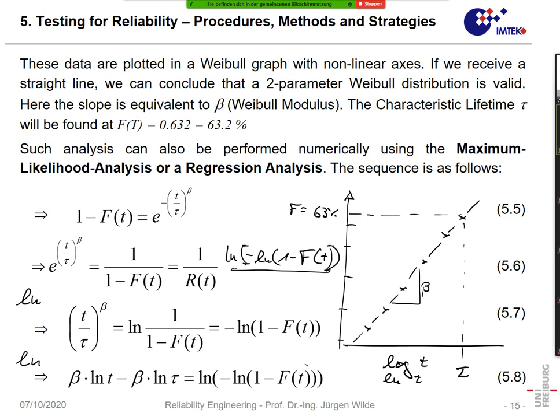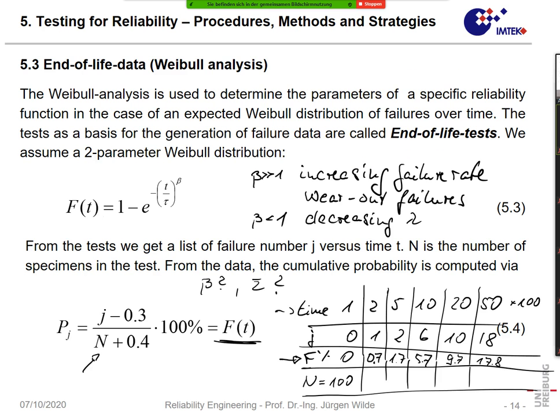So again, to summarize, we have to perform tests. At certain times, we look how many have failed in total. We do this in a table. From the table of time and numbers of failures, we derive this probability, which is the failure function.